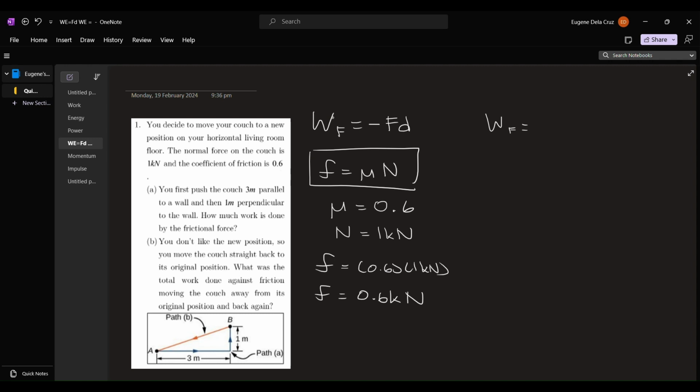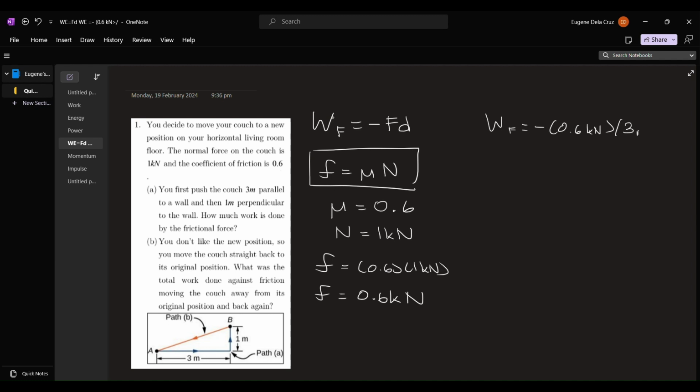So the work done by the frictional force is negative 0.6 kilonewtons, and then the displacement of the couch is 3, since it is pushed 3 meters parallel to a wall, and then plus 1 meter since it was pushed 1 meter perpendicular to the wall.